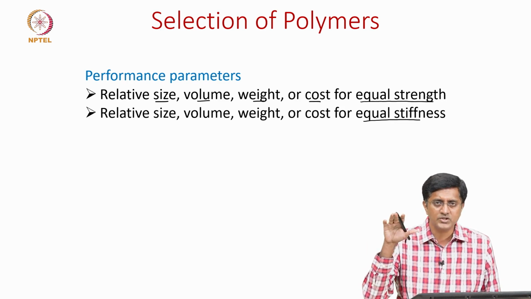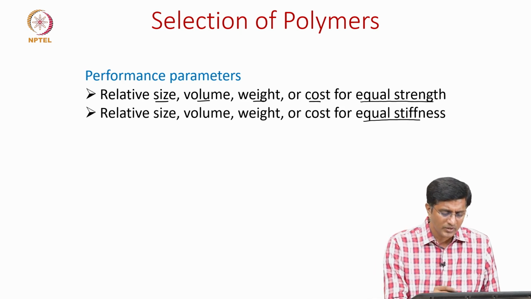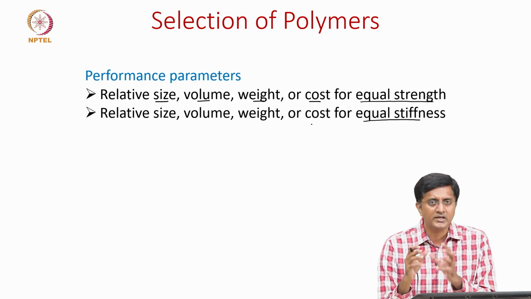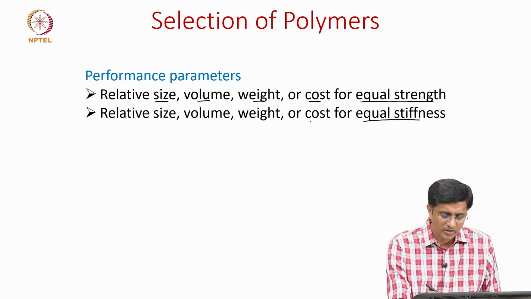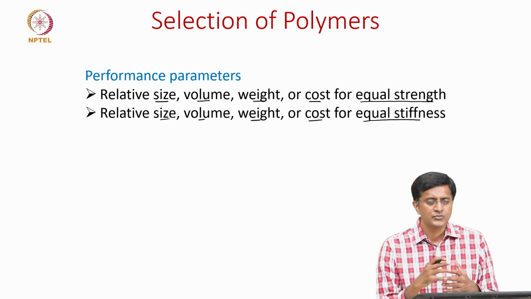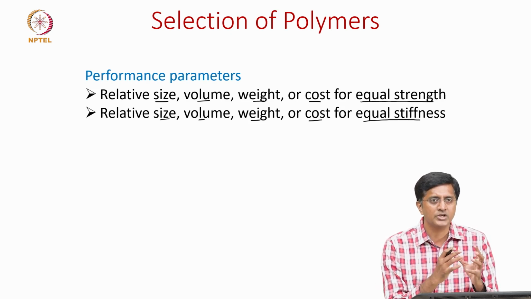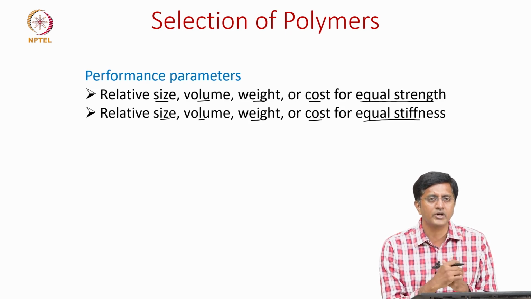So, for equal stiffness, meaning the deflection at a particular part of the member, we are seeing how we can maintain that within the limits by minimum cost, weight, volume or size. So, now we are evaluating the performance parameters, so that our design objectives are met while we try to minimize the resources.